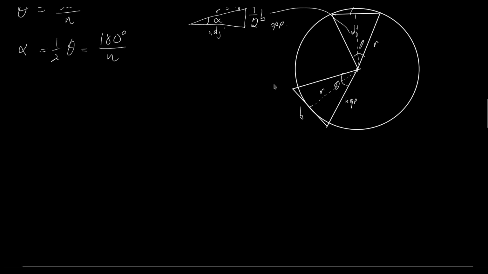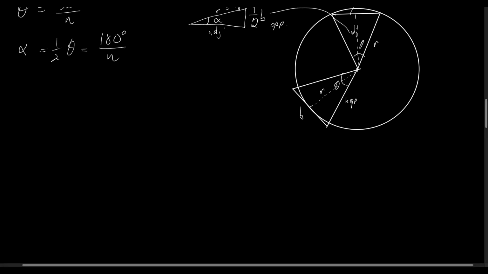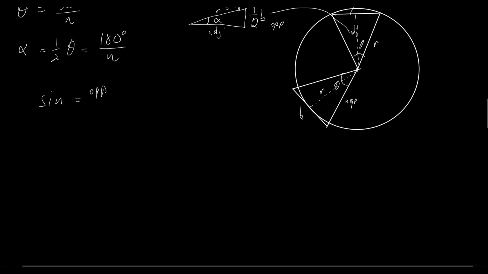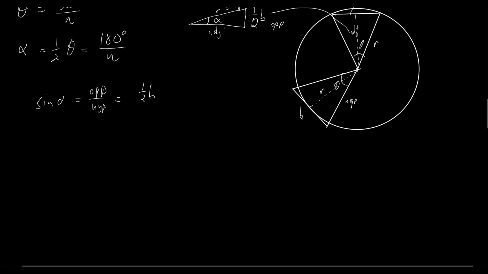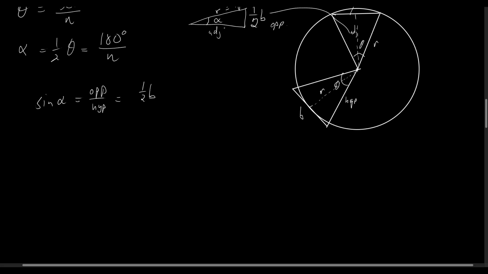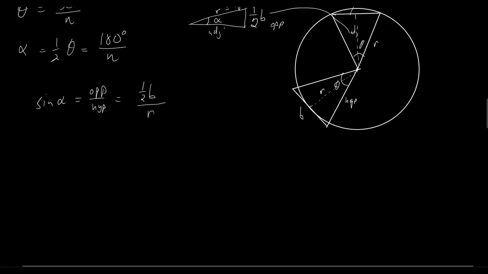now with that we can calculate the half side of the base, or the opposite side of this triangle, and we can do that using sine. So the sine is opposite over hypotenuse, and here we have the opposite, which is 1/2 of the base, so sine alpha is 1/2 of the base divided by the hypotenuse, which is r.